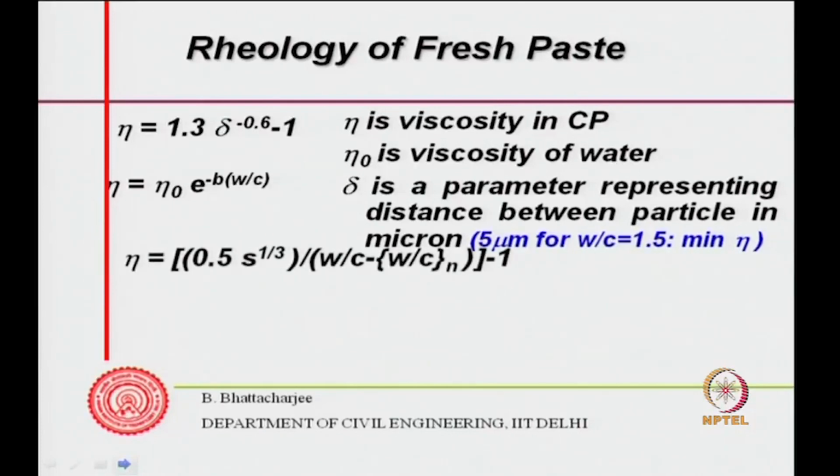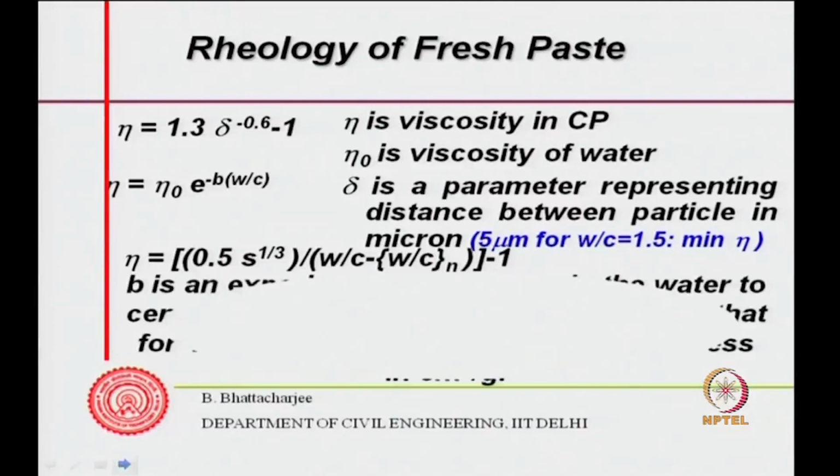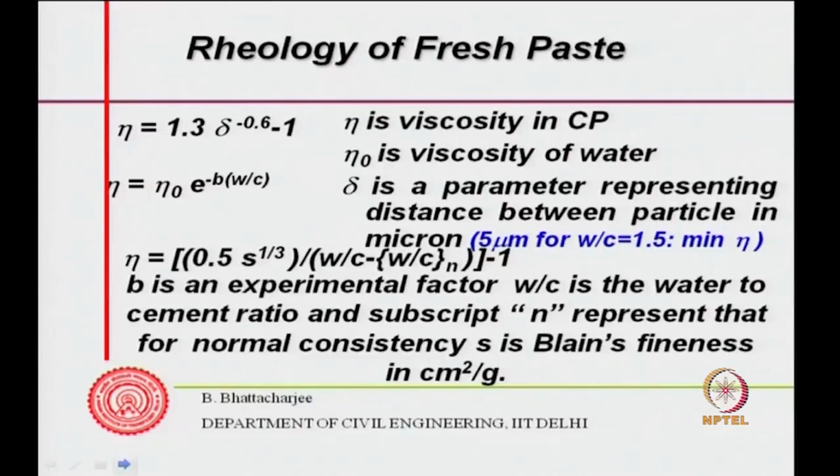So, you see viscosity can be related to water cement ratio and also to some experimental factor B, and water to cement ratio, where N represents normal consistency, S is Blaine's fineness. So, this S is Blaine's fineness, this is water cement ratio for normal consistency.